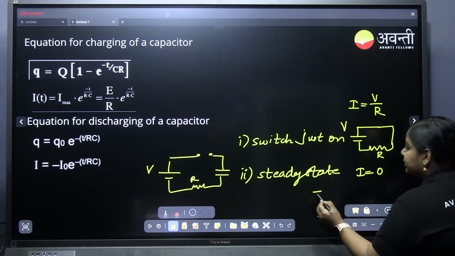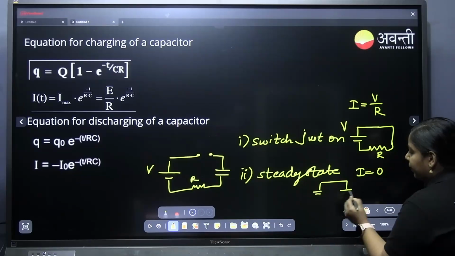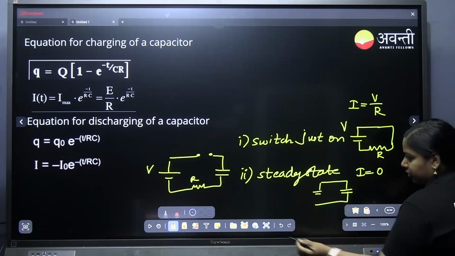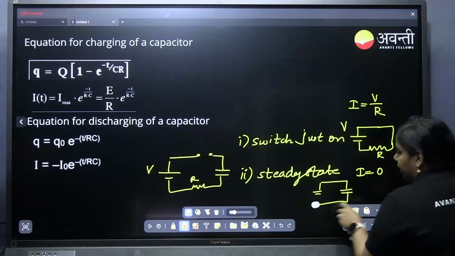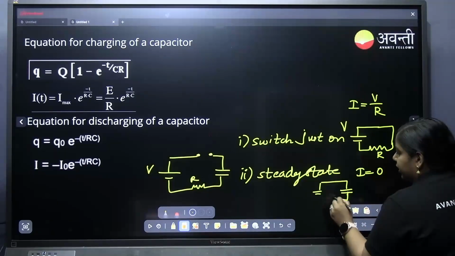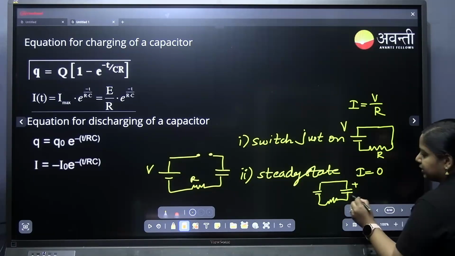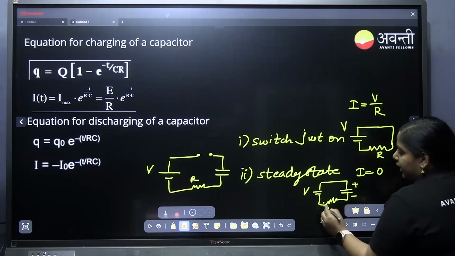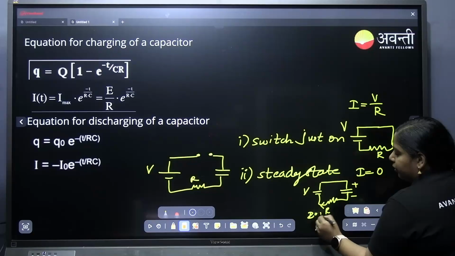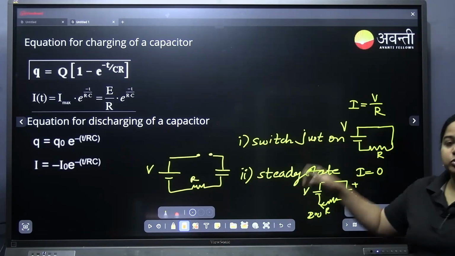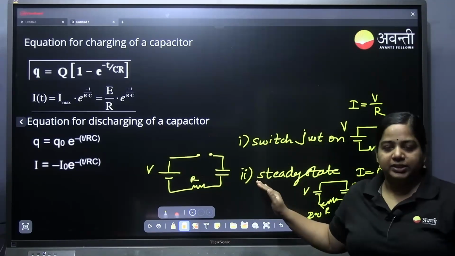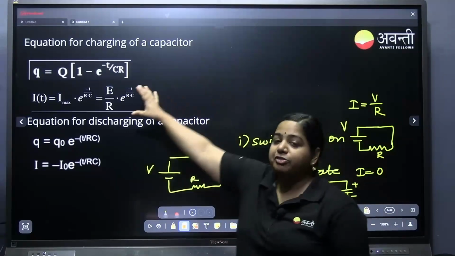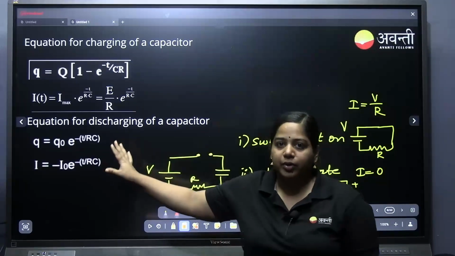In this case the capacitor will be fully charged, plus and minus, potential V will be there, R will be there, but current through R will be equal to 0. So these two cases, based on this you will get questions, but with this formula you won't get questions.